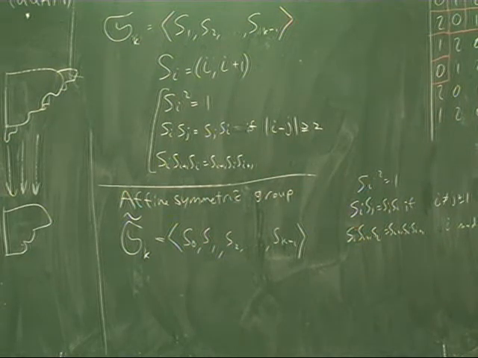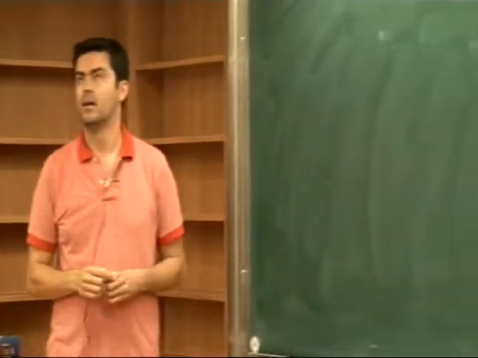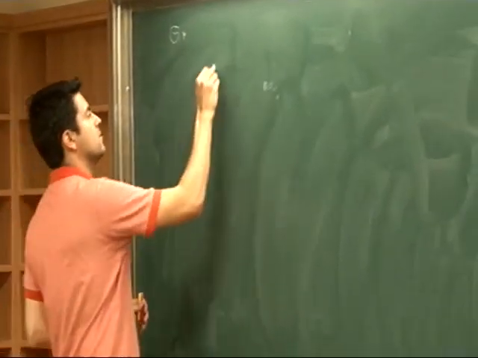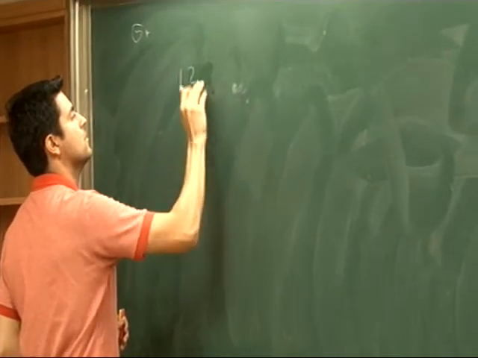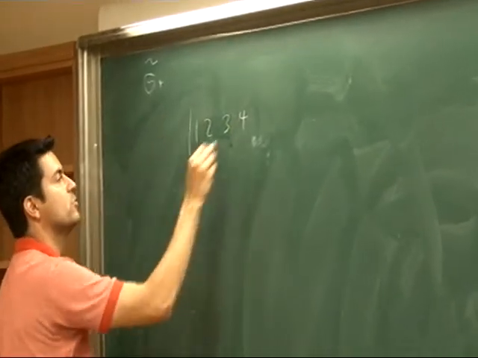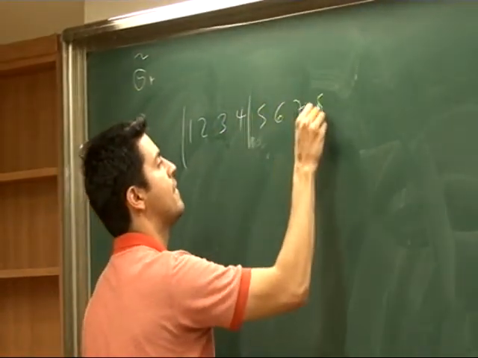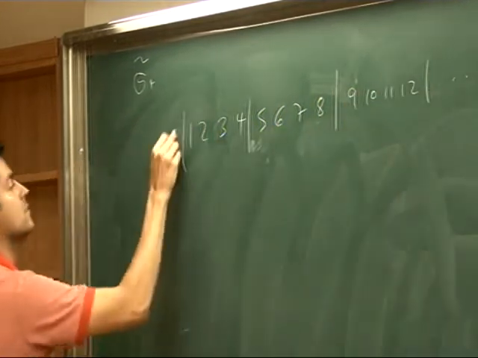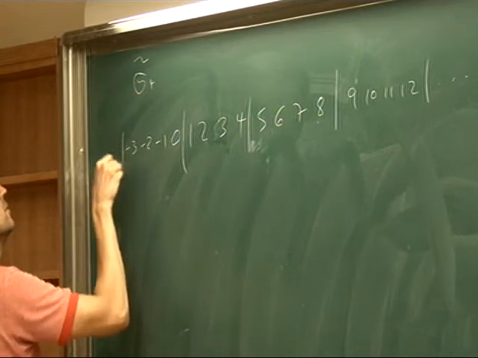So this is how it goes. I'm going to do S4, for example. S4 really permutes 4 elements. S4 tilde permutes really long rows: 0, minus 1, minus 2, minus 3.